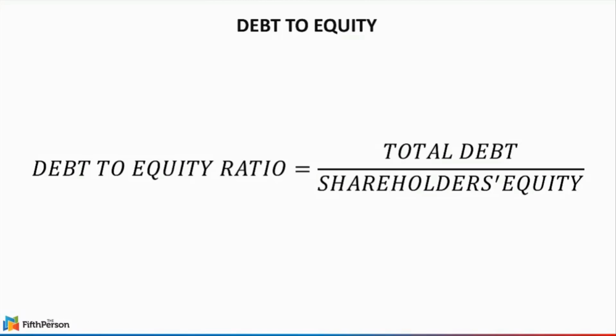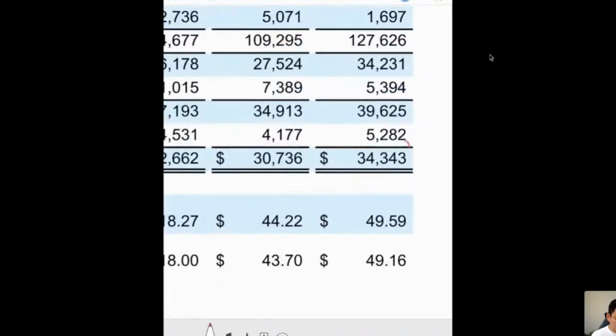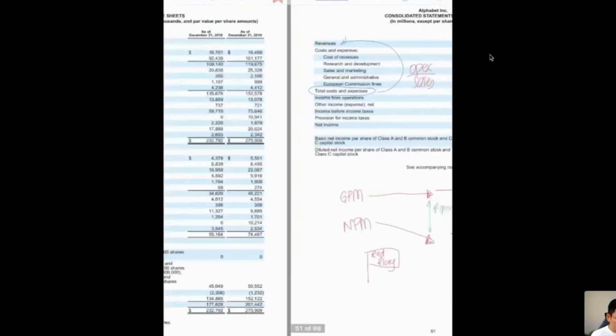So let's move on to look at the balance sheet to see where you can get the figures. Give me a minute. For the ROE, you take the net profit, which was over here, your 34.33 billion, and divide by the equity.